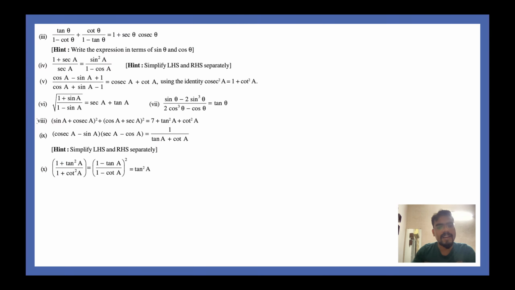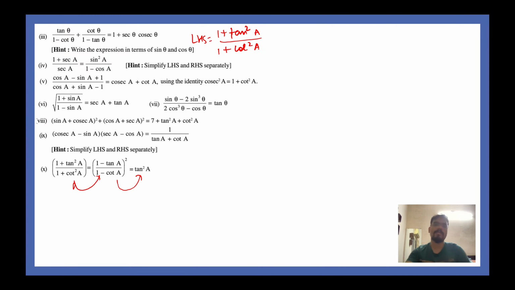So what we have to do is we have to prove that these two values are equal. Also, this is equal to tan square A, right? So we will start with, let's say, 1 plus tan square A divided by 1 plus cot square A. Let's take this as LHS for now.